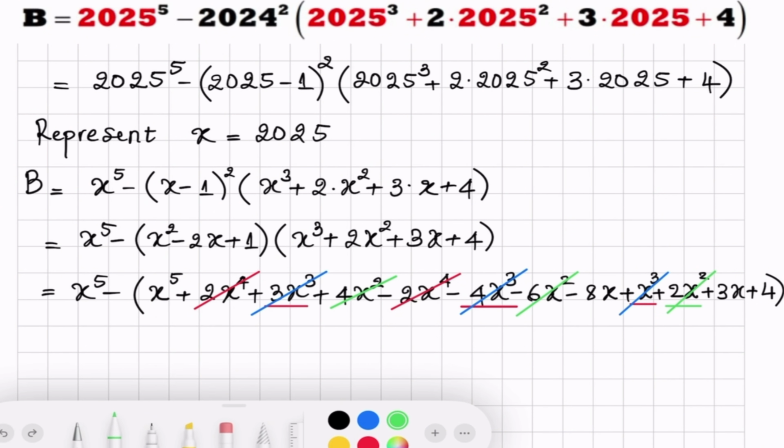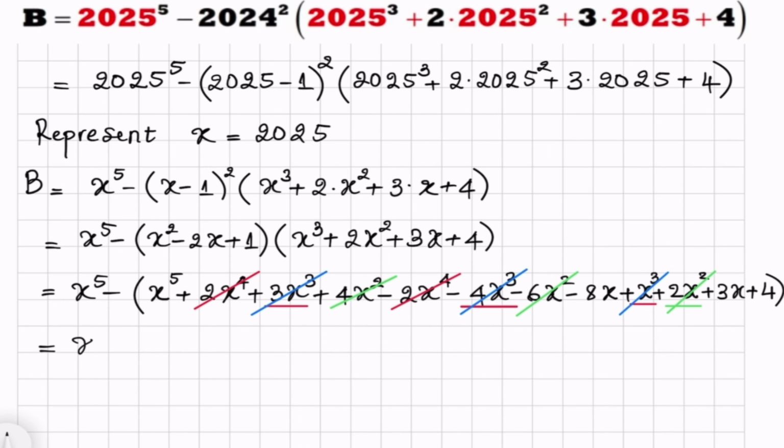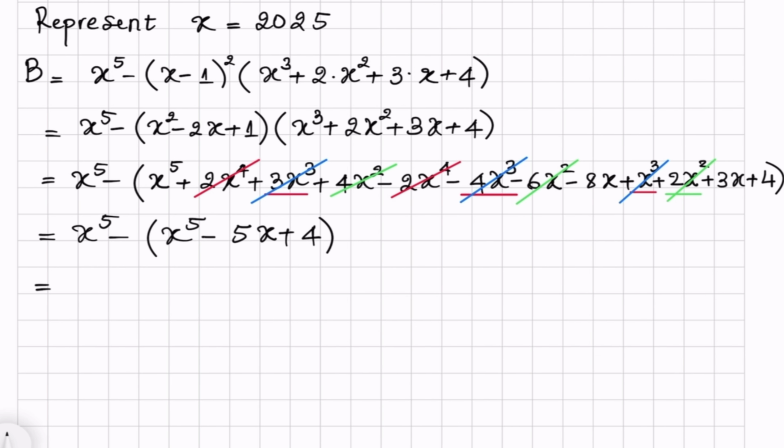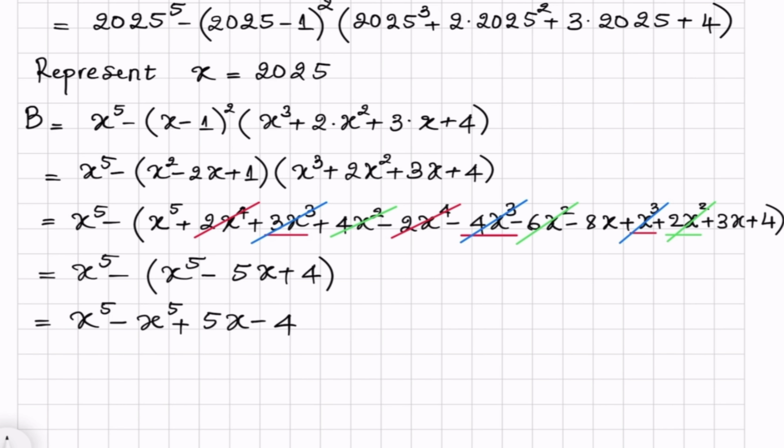Okay, so we will get x to the power 5 minus x to the power 5 and then minus 5x plus 4. So then expand this, we will get minus x to the power 5 and then plus 5x minus 4. So now we can cancel x to the power 5 and minus x to the power 5, then we will get 5x minus 4.